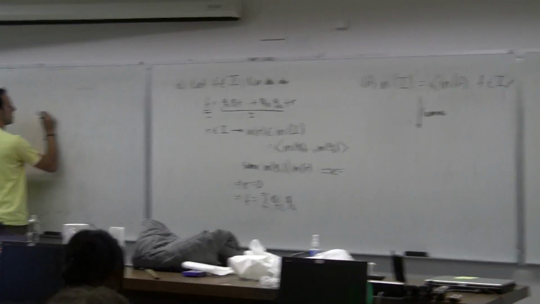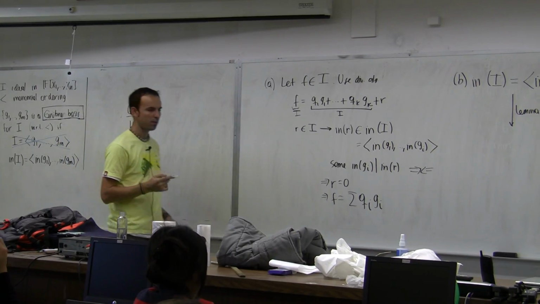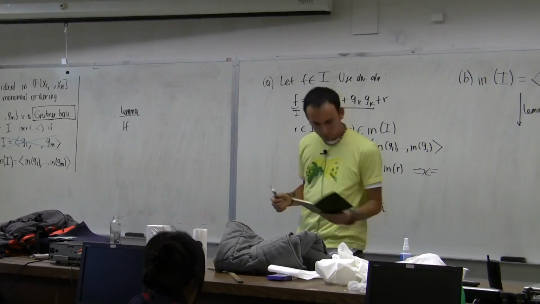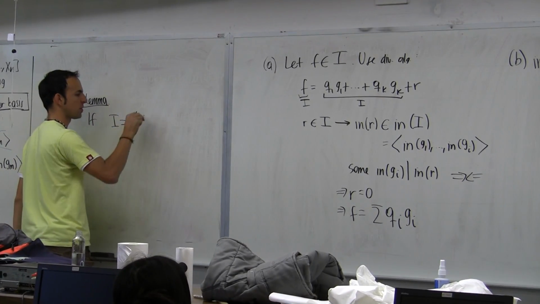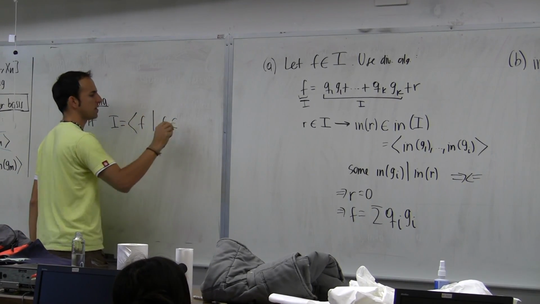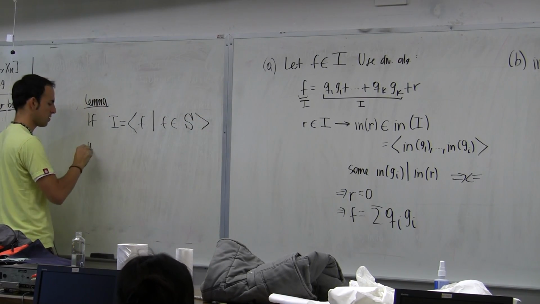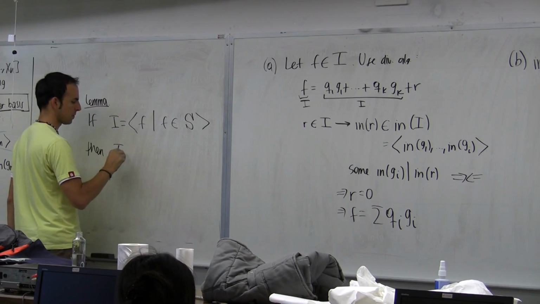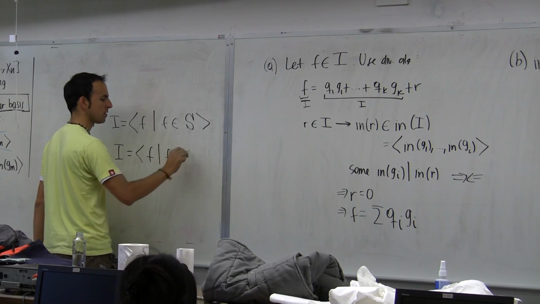So lemma, if you have an ideal I generated by the polynomials in some infinite set that we're going to call S, then we can find some subset which is finite and generates.